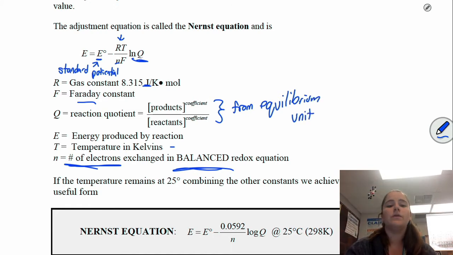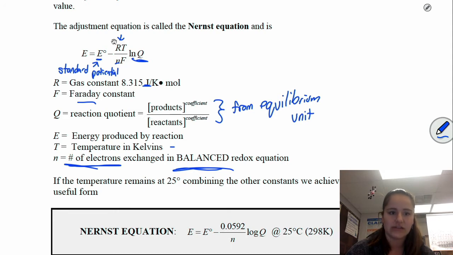Okay, so on the actual AP Chemistry test, you're not really going to be expected to remember and use this equation and actually do calculations, but we're going to discuss it because it helps you understand qualitatively where these reactions go. Okay, so normally we are able to do things at 25 degrees Celsius, so they can combine our gas constant, the temperature, and Faraday's constant.